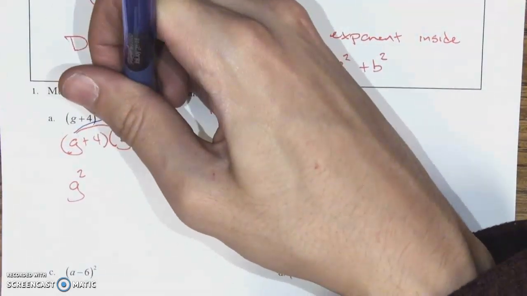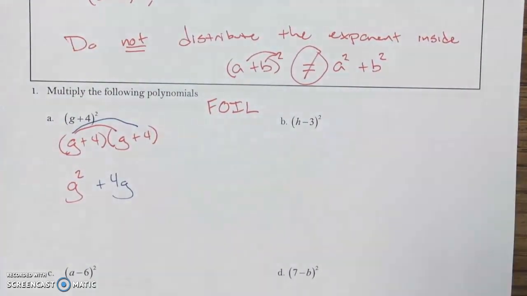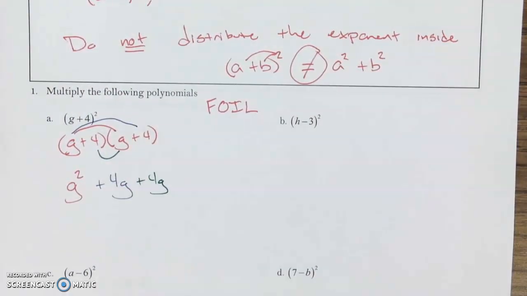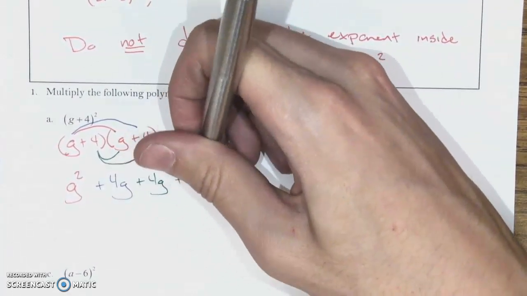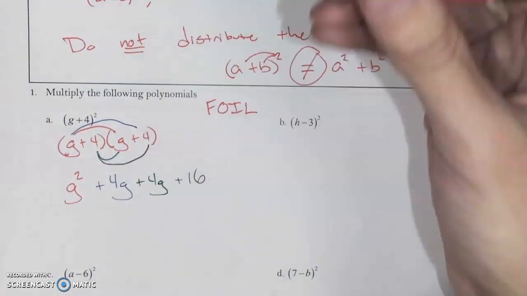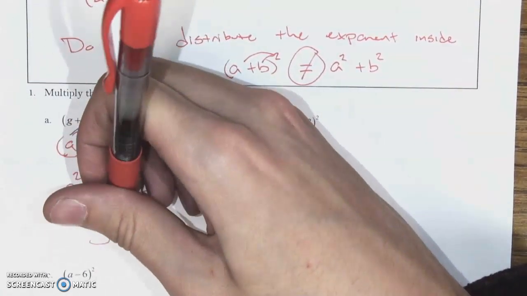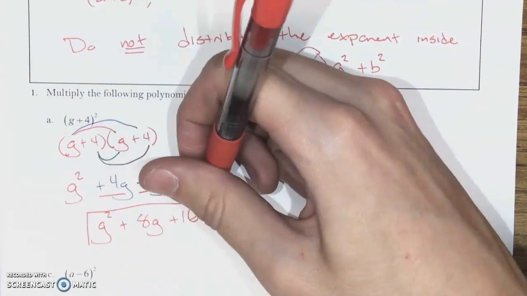The outer terms, g times 4, gives us 4g. The inner terms, 4 times g, gives us 4g. And the last terms, 4 times 4, gives us 16. Remember, we always want to combine like terms. So we have g squared plus 8g plus 16.